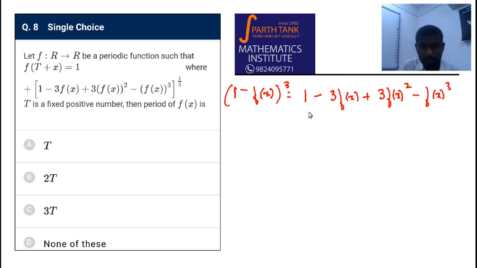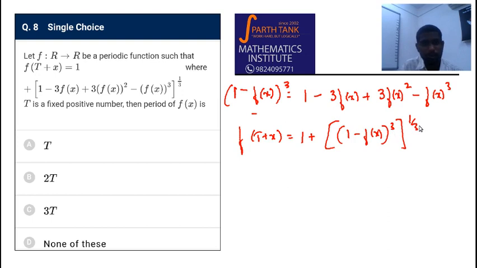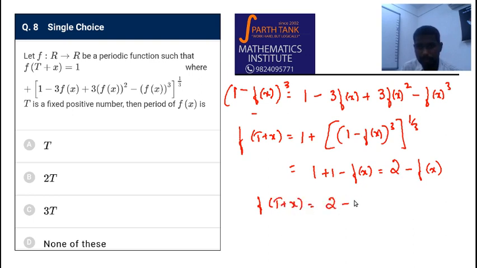Now you substitute this in the place of the whole thing, I get f of t plus x is 1 plus (1 minus f of x) the whole cube raised to the power 1 by 3. Now the cube and the cube root cancel each other, and I have 1 plus 1 minus f of x, which is 2 minus f of x. Alright, so f of t plus x is 2 minus f of x, or f of t plus x plus f of x is equal to 2.